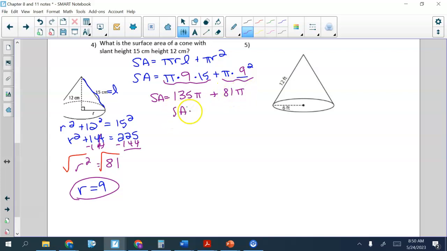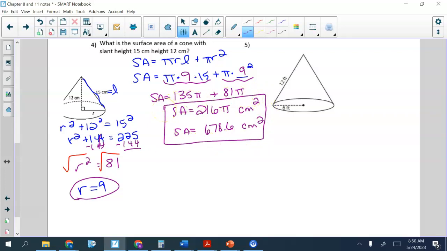And then add those up. So we get 216 pi. Or if we multiply that out, then I would get 678.6 square centimeters. And again, we're back to square centimeters because we're working with surface area and not volume.